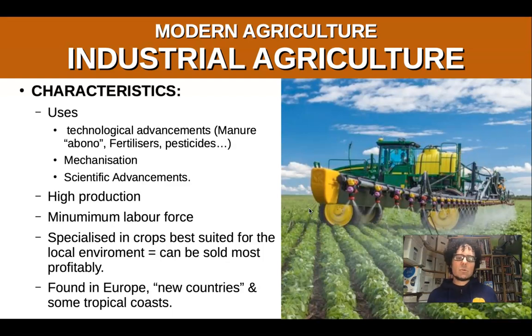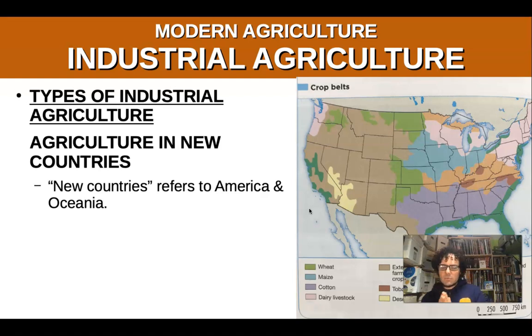This type of agriculture is found in Europe, the so-called new countries, and some tropical coasts. Some subtypes of the industrial agriculture, okay? We have said that in most parts of Europe, they practice this industrial agriculture. But there is a subtype that is called the agriculture in new countries.